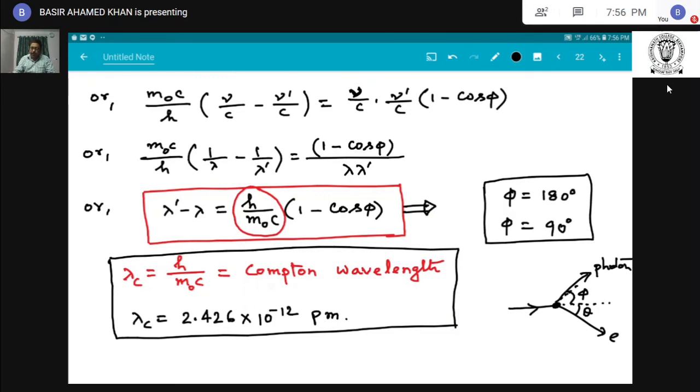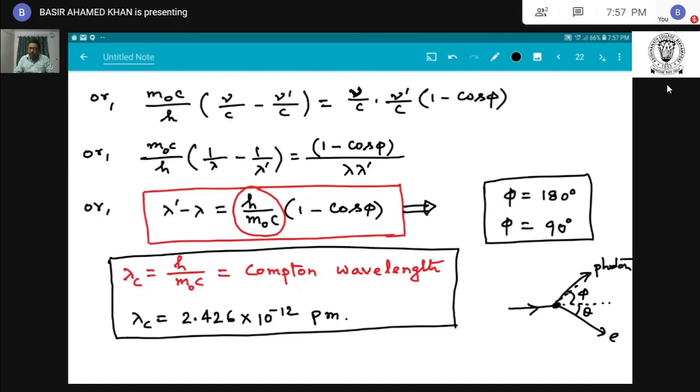Then the value of cos phi equals minus 1, so lambda prime minus lambda is 2 times h by m0c. If phi equals 90 degree, then cos phi equals 0 and lambda prime minus lambda equals h by m0c.